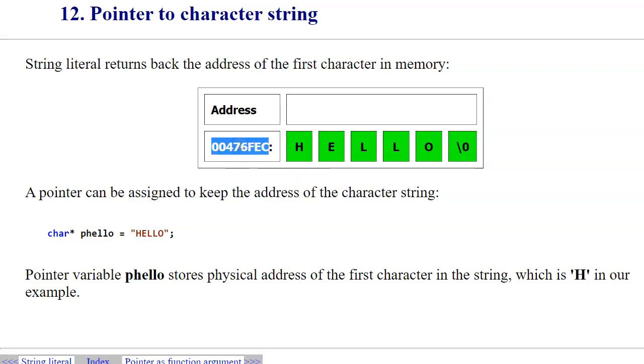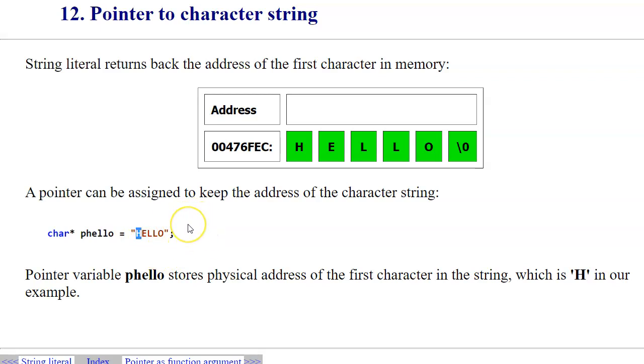So the address indicates the location of the first character, and the 0 terminating character or null character tells where the tail of this sequence of characters is when we try to process it. So when you want to capture the address of this character, naturally you would use a character data type and a pointer and give that pointer a name, and that pointer will remember the location of the first character.